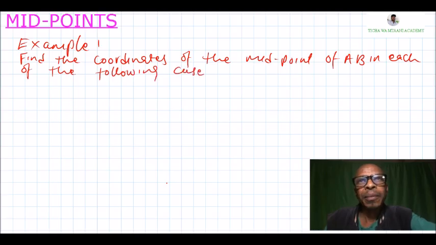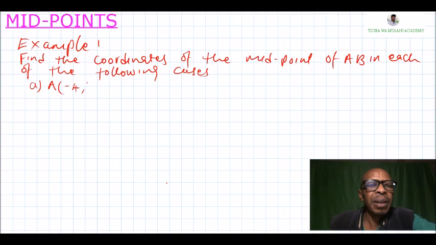So we have our A, the coordinates of A are minus 4, 3, and our B is 2, 0.